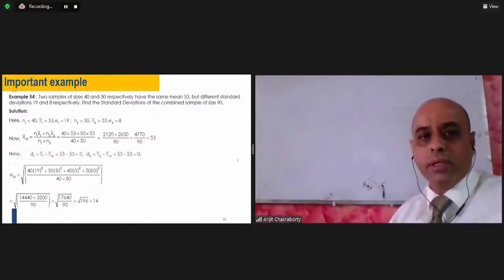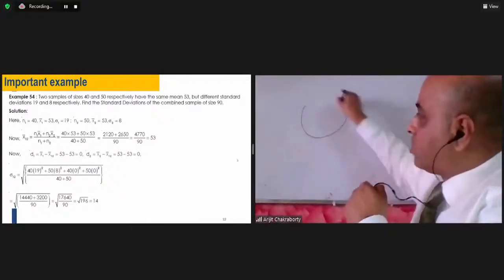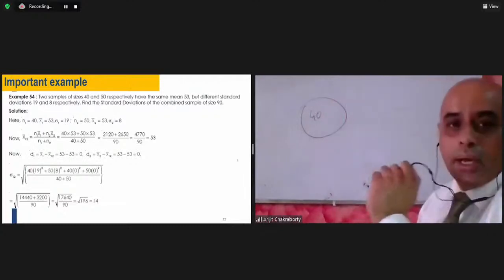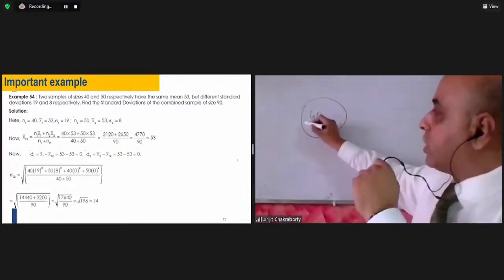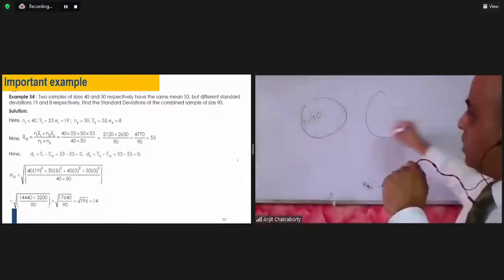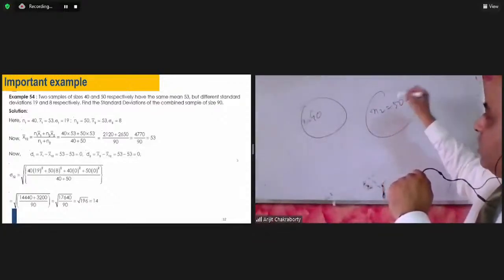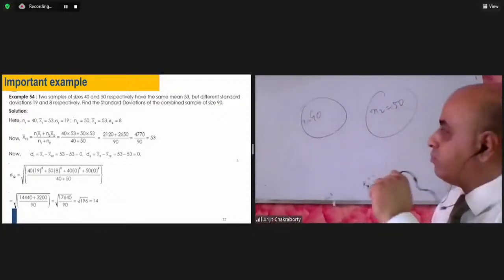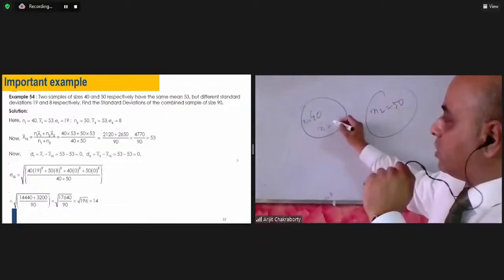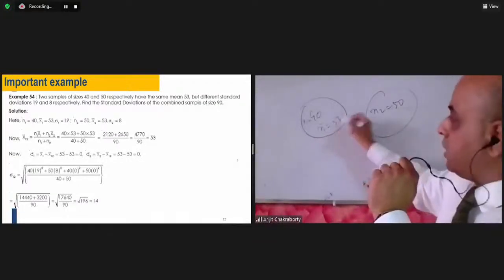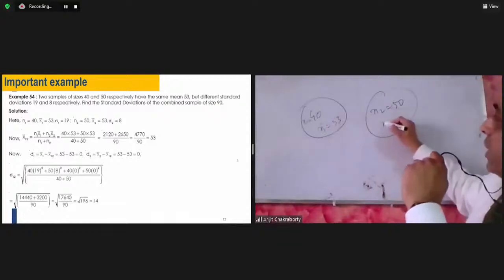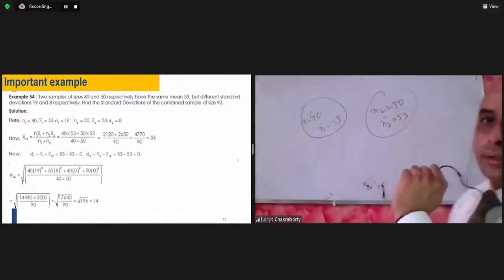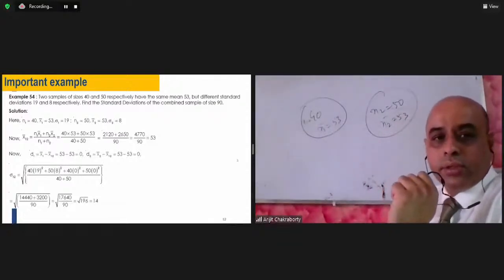So we are taking two samples. So we can write n1 equal to 40 and n2 equal to 50 here. And they have the same mean. So x1 bar equal to 53, and x2 bar is also equal to 53. But different standard deviation. They have 19 and 8.